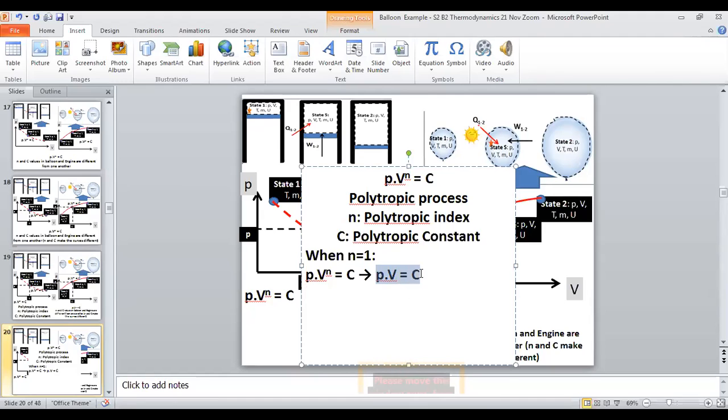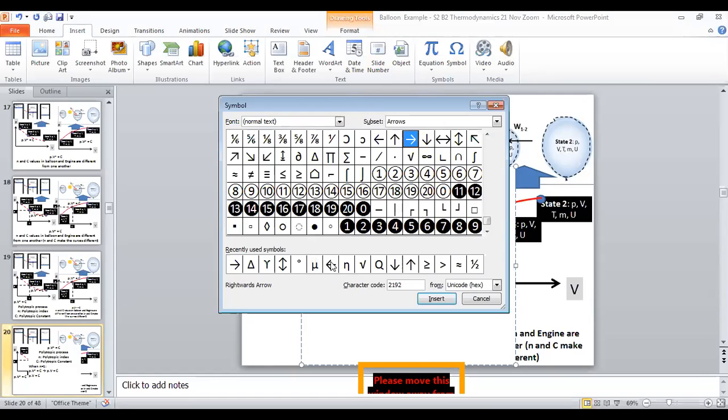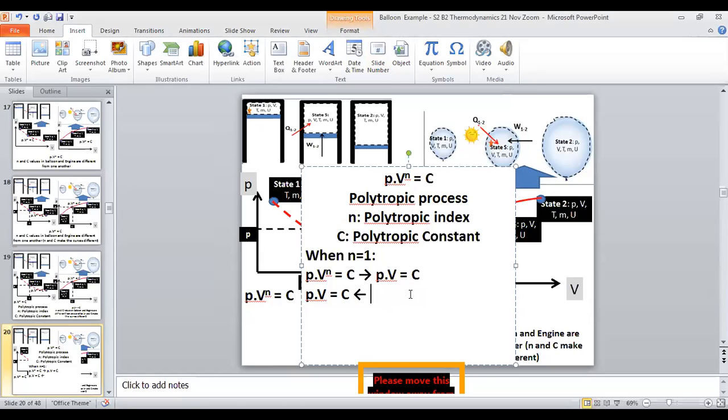So what is PV equals constant? You may have heard about Boyle's law: for a given mass at a constant temperature, pressure is inversely proportional to volume.